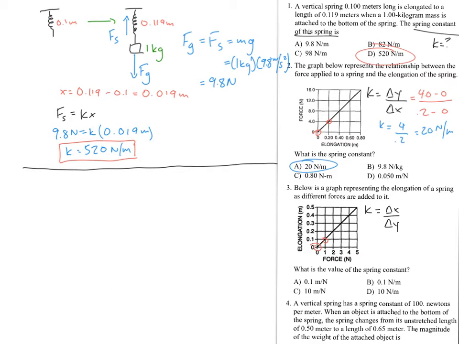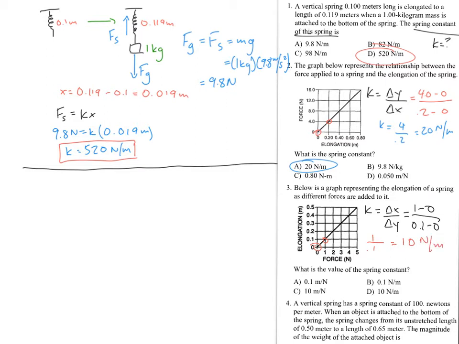All we need is really the force over the elongation. Okay, so we're going to have 1 minus 0 over 0.1 minus 0. And that's going to give us 1 divided by 0.1, and that's the same as 1 times 10, which is equal to 10 newtons per meter.